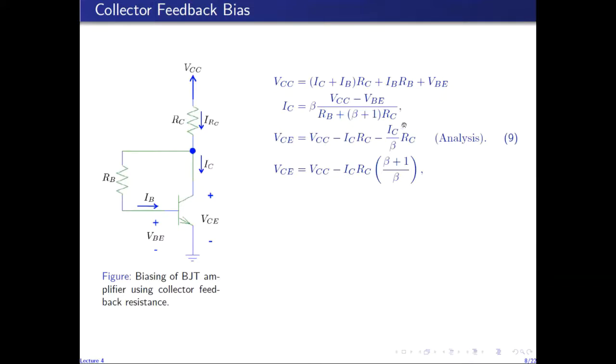So if the denominator is better approximated by beta plus 1 RC, then we get better beta cancellation.